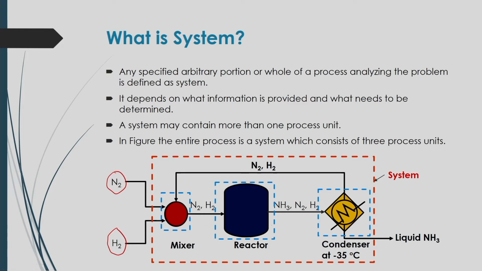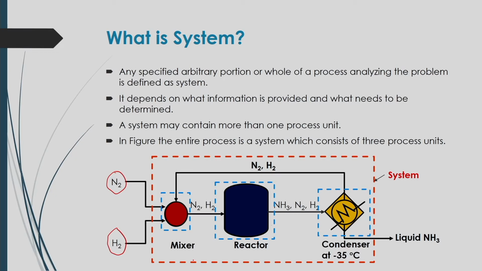Here the dotted blue lines represent each unit as a system, whereas you can also represent the system as a combination of all those units, like the dotted red line shown here, which considers the whole system including all three units.